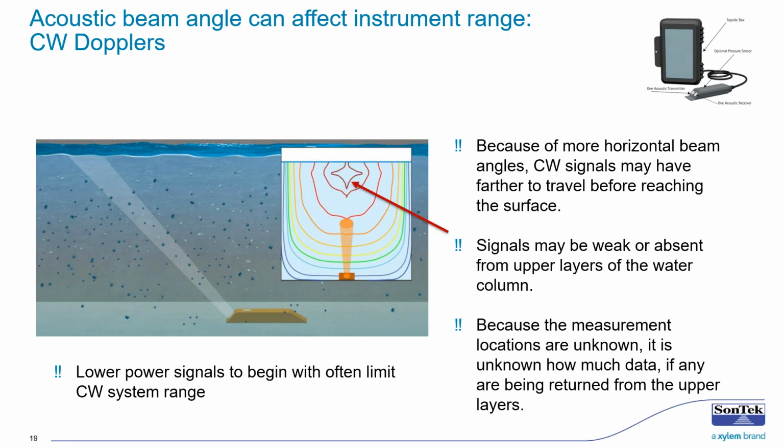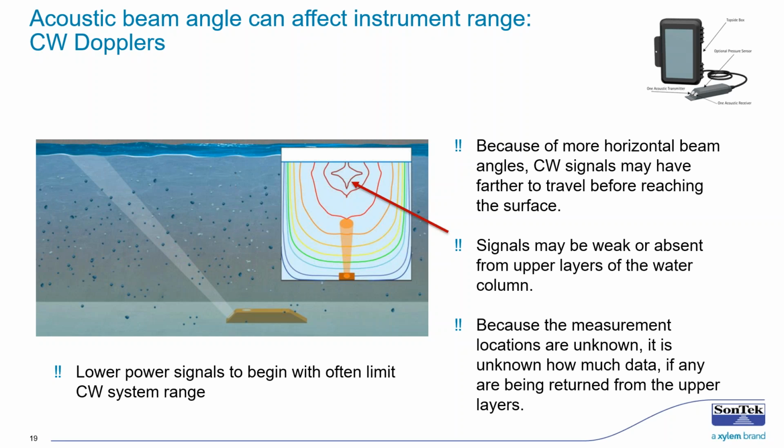So continuous wave Dopplers often have more of a horizontal beam angle. In other words, say 20 degrees off the horizontal, or some other number, which varies depending on the manufacturer and the model. But if the beam angle is more horizontal, which means it skims closer to the bottom on its way to reaching the surface, it means that the signals have a longer distance to travel before reaching the surface.